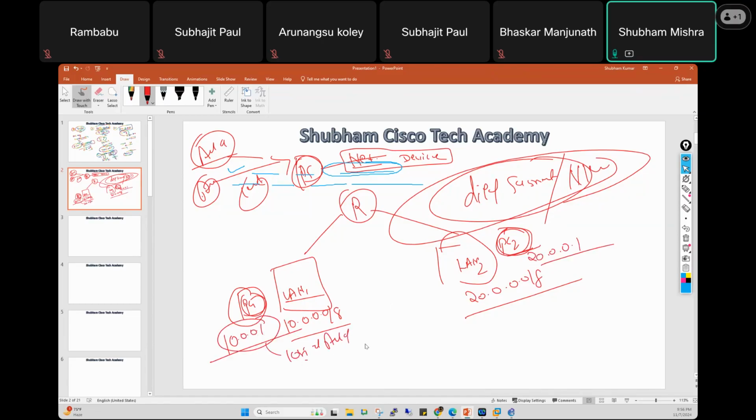I told you already there are two types of address: physical address and logical address. The MAC address is called the physical address and the IP address is called the logical address. So please remember, a router works on logical addresses. A router can understand only logical addresses, or you can say the router takes the forwarding decision on the basis of the logical address. That is point number 3.